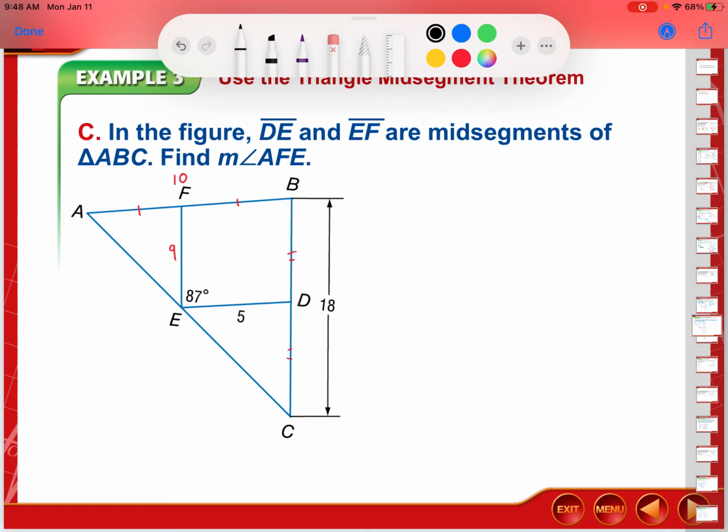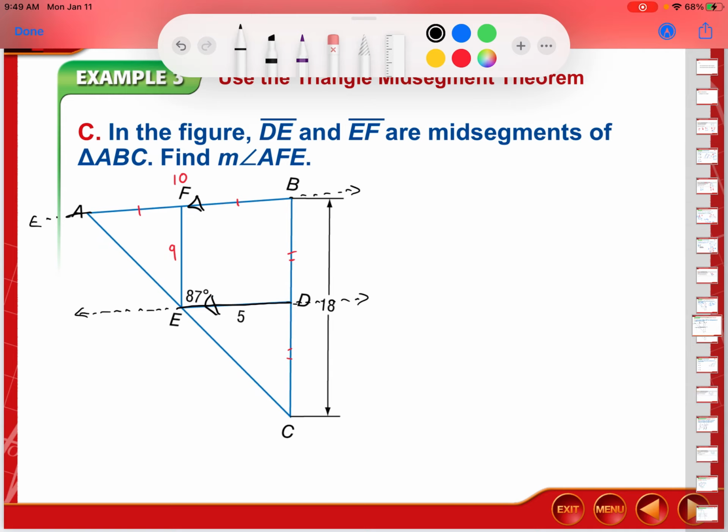So we know line ED, I'm going to do my best to draw this, this line, and I'm just going to extend it because it'll help us see how we find the angles here. So we know this line is parallel to this line.